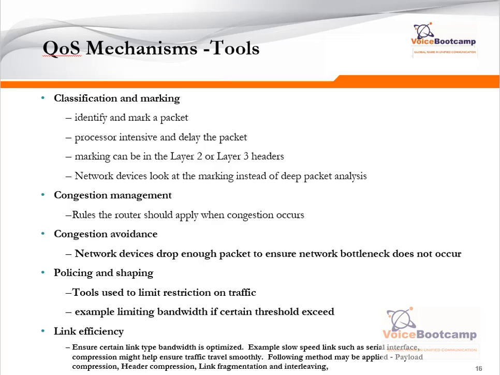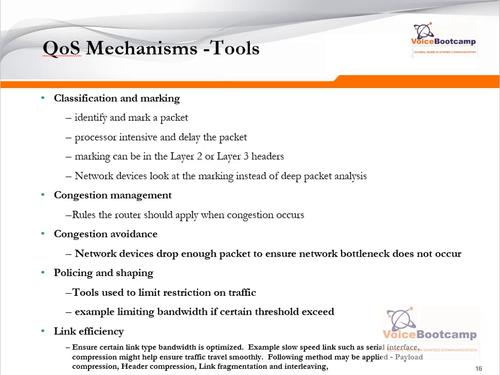Policing and shaping is a tool used to limit the restriction on traffic. For example, you can say that if signaling traffic exceeds 50K, you want to drop the prioritization of the traffic. Link efficiency ensures that a certain link type's bandwidth is optimized.